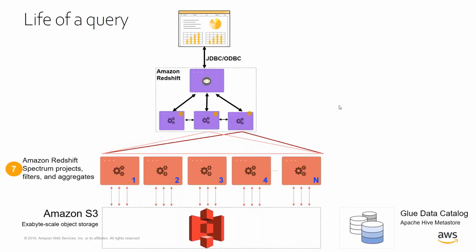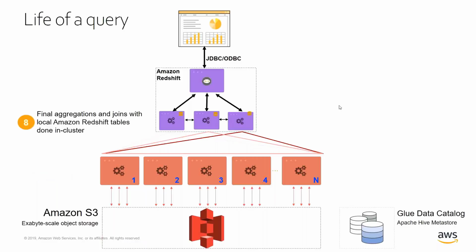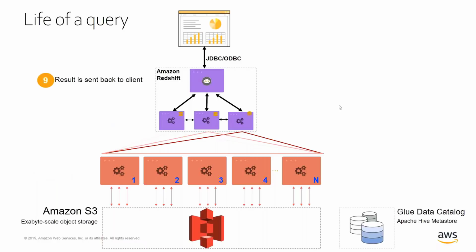It will aggregate data in the Spectrum layer, and it will push all the data that it has aggregated back into the compute nodes, because maybe you're joining with some of the native tables. So the compute nodes complete the query as issued by you, and the results are sent back to the user.